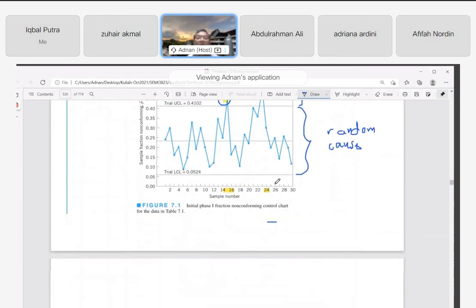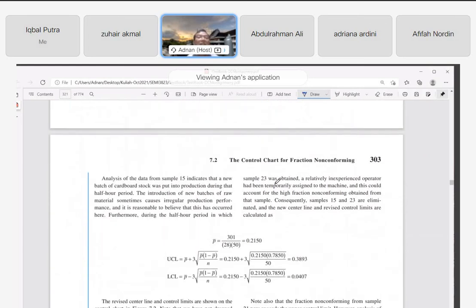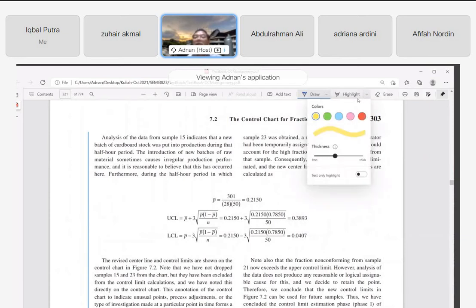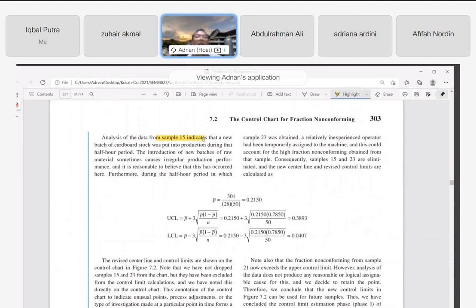After the investigation was done, in this case, they found out what happened. At sample 15, a new batch of cardboard stock was put in the production, so they mixed up the material.